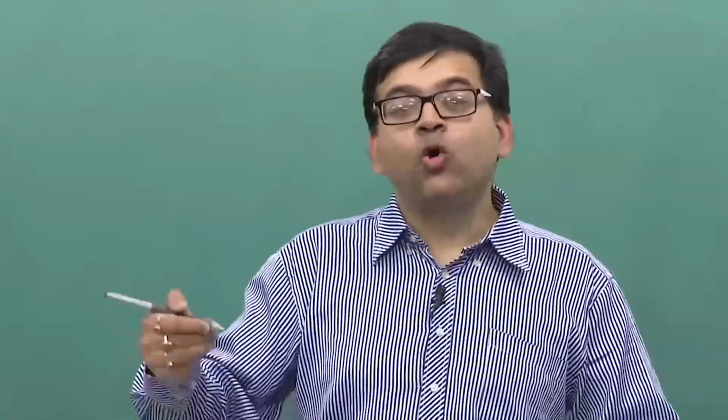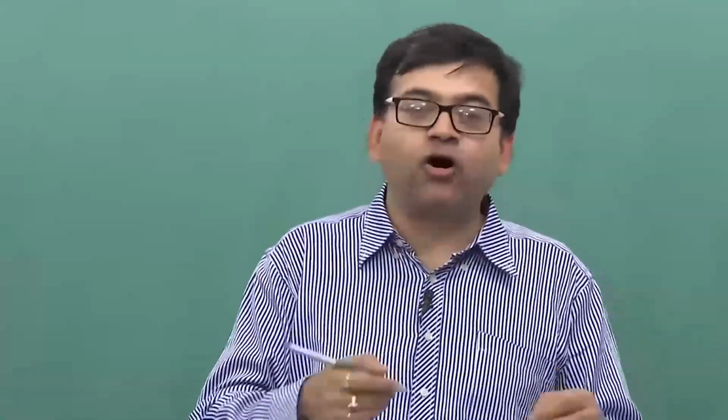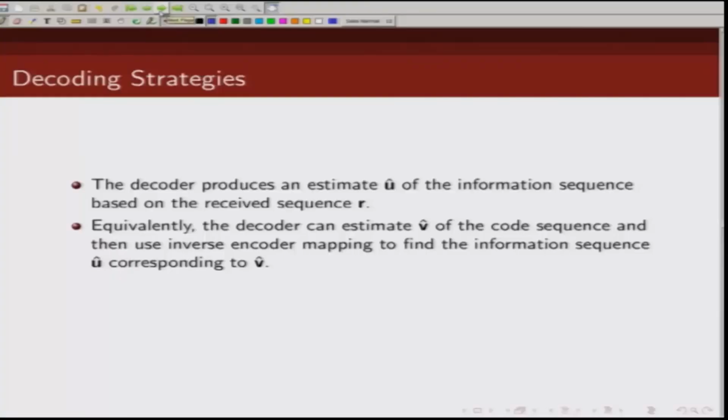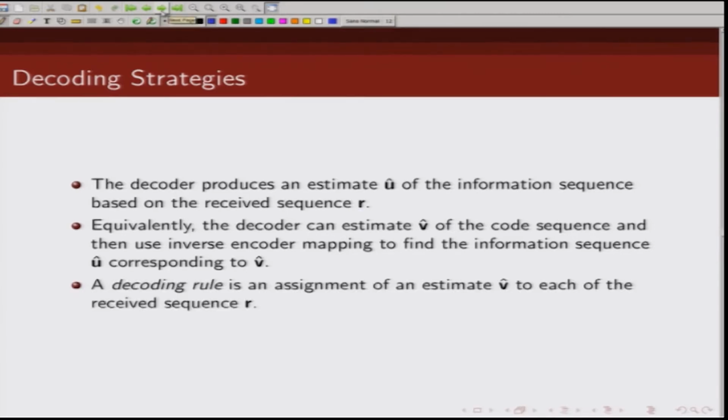Now, we can say this estimation of the information sequence problem is equivalent to estimating the code sequence, because there is a one-to-one mapping from a particular code word to the information sequence. So, equivalently, the decoder has to estimate the code sequence given a receive sequence R. So, what is a decoding strategy, or what is a decoding rule?